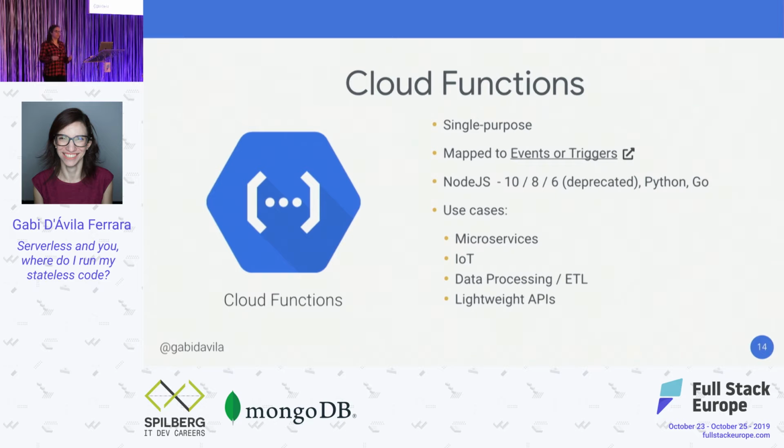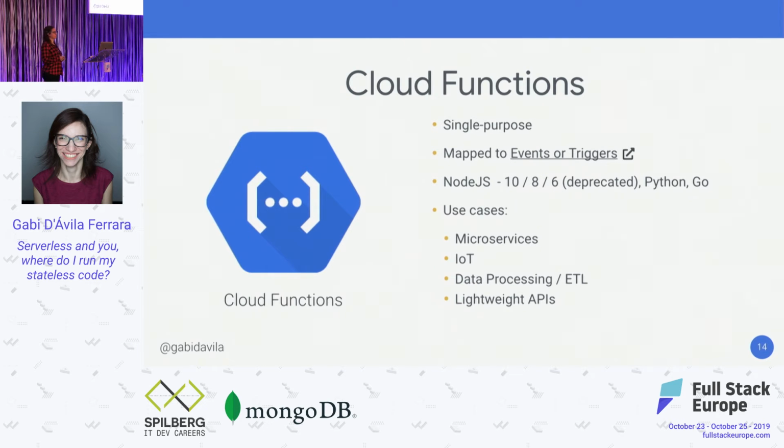HTTP requests are also a form of getting those events triggered. We support 3 platforms for that: Node.js on version 10, which is better, version 8, which is GA, and version 6, that's GA, however, is deprecated, along with Python 3 and Go 1.11, the most recent version of Go.